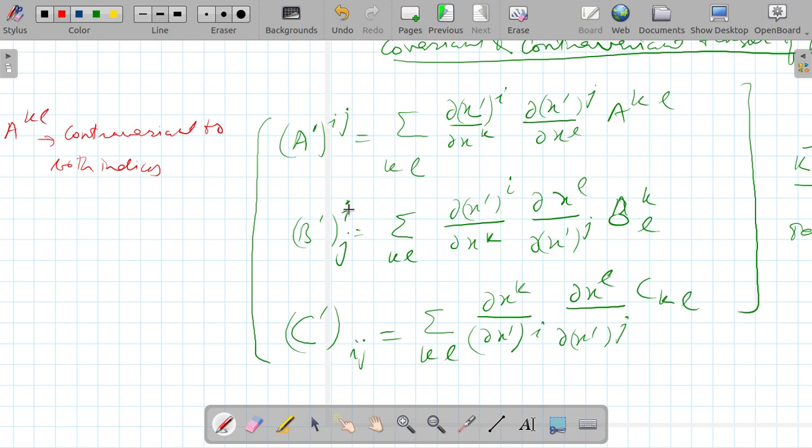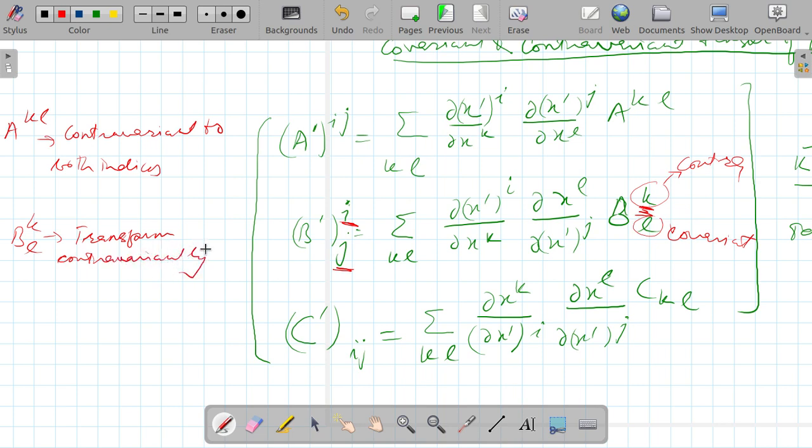But for Bkl, it is contravariant for the first index and covariant for the second. Bkl transforms contravariantly with respect to k and covariantly with respect to l.